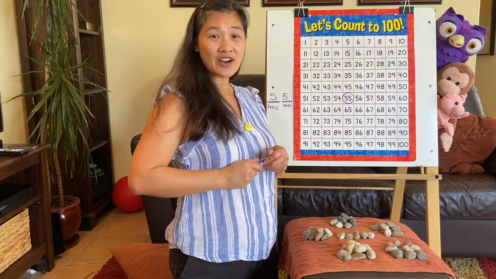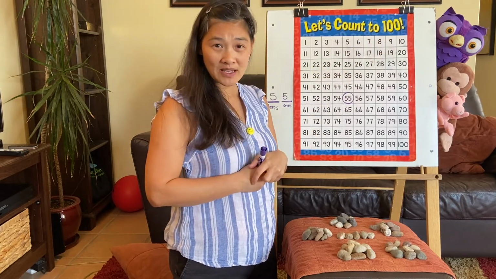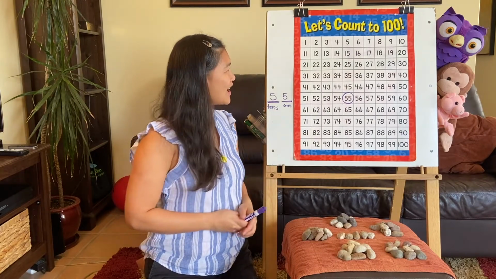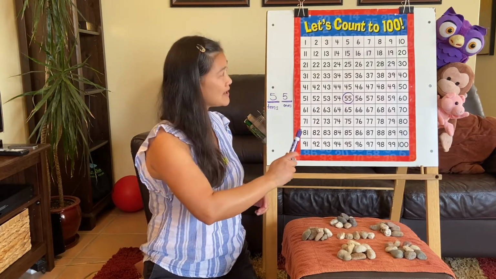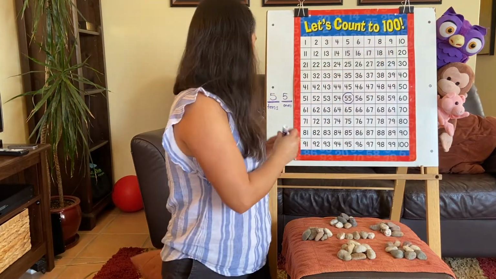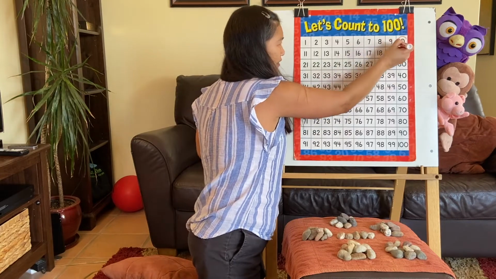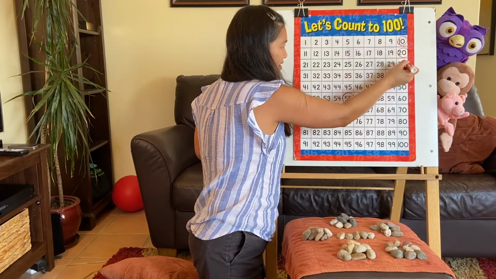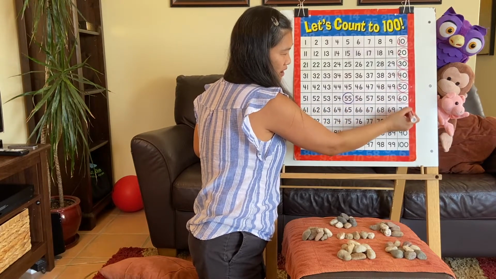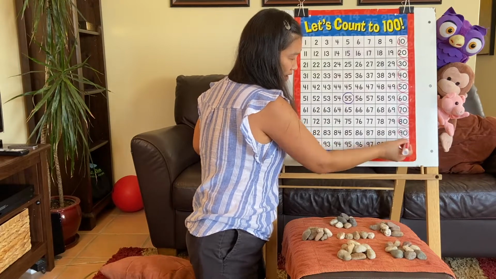Do you like my number chart? It says, let's count to 100. Do you want to count with me to 100? By 10? Okay, so when we skip count by 10, we skip all this and then we just count the 10s, right? So we only count this one and this one and that one. How many of you know how to skip count by 10 all the way to 100?